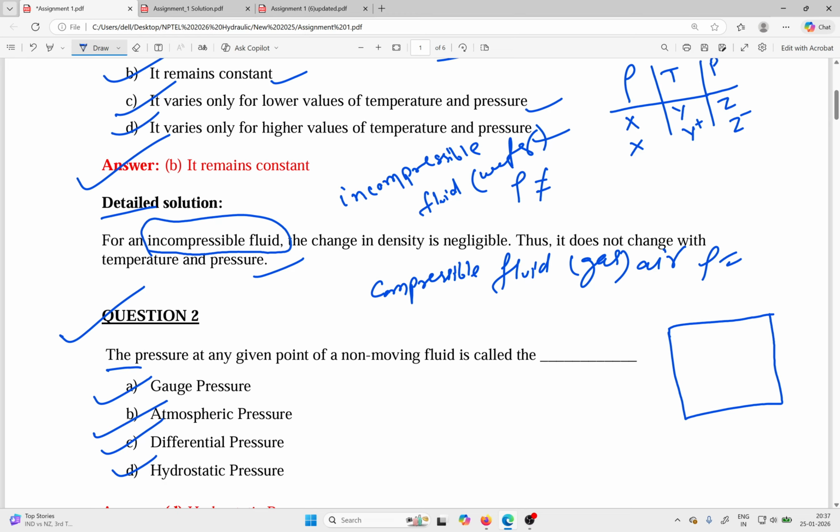The pressure at any given point, let us suppose you are going to measure it here at point P, at distance H from the top, in a non-moving fluid.